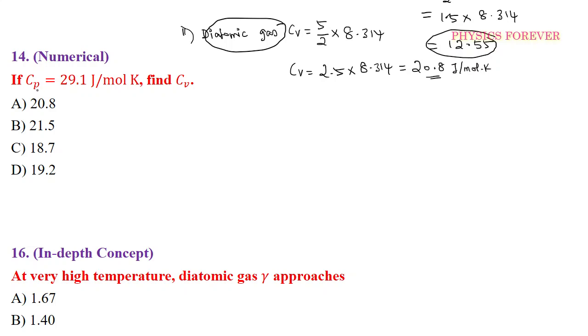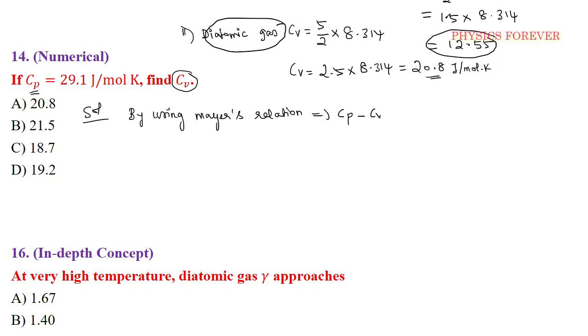Here the specific heat capacity at constant pressure Cp is equal to 29.1 joule per mole per Kelvin. Then we have to find the specific heat capacity at constant volume. So we have to use the Mayer relation. The formula is Mayer's relation, which is most important; sometimes they may ask the relation itself.